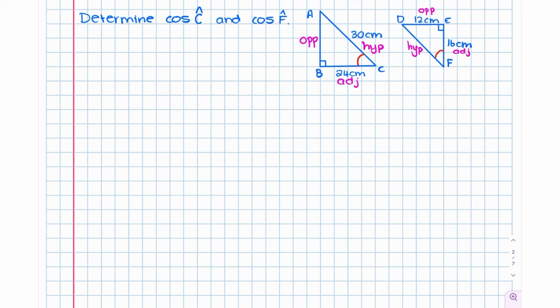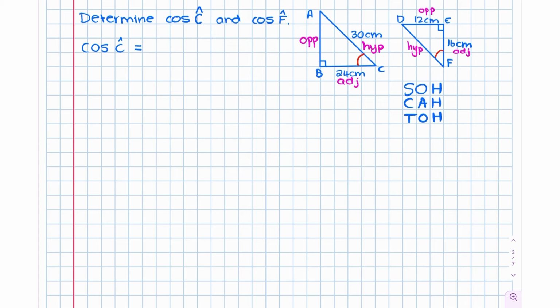Okay, let's start with cos C. So we know that cos C is going to be the adjacent over the hypotenuse. If you need to, you can write SOHCAHTOA, so that you can check and you can see that cos is going to be adjacent over hypotenuse. So let's go and put in the values that we have.